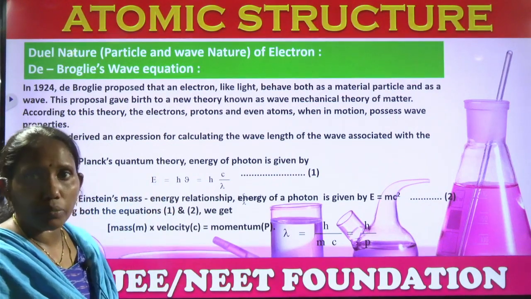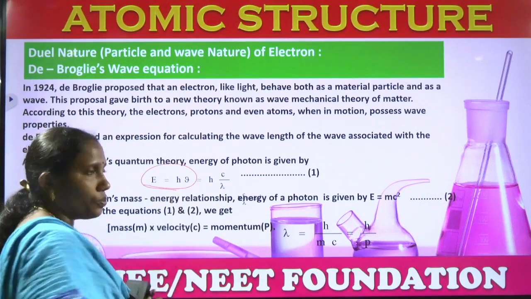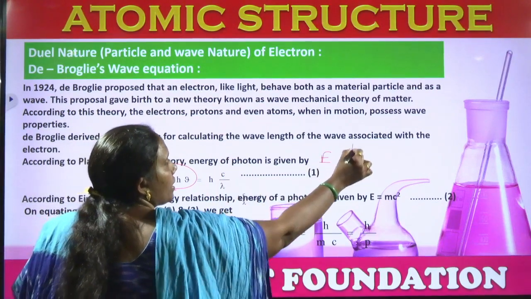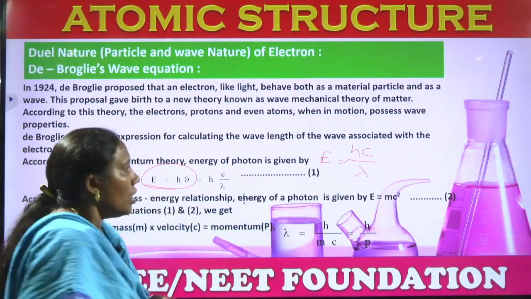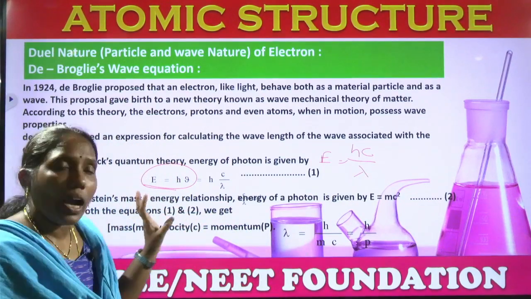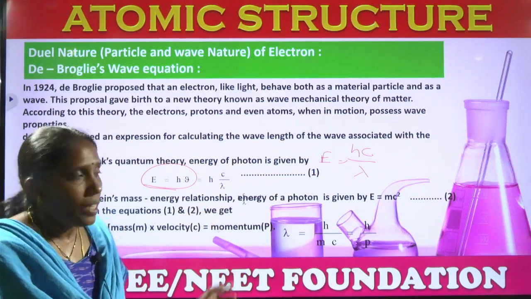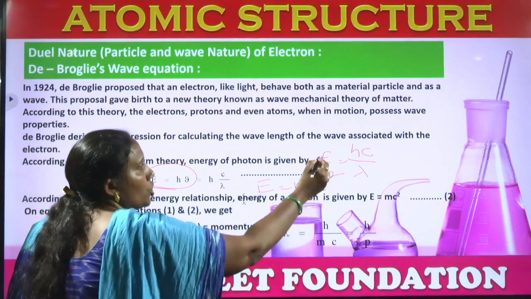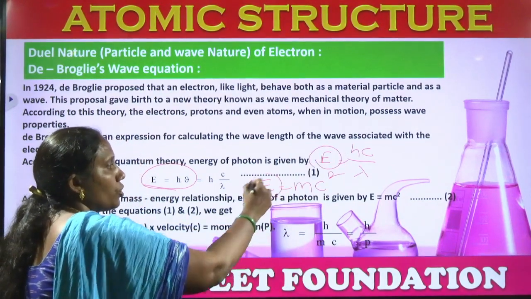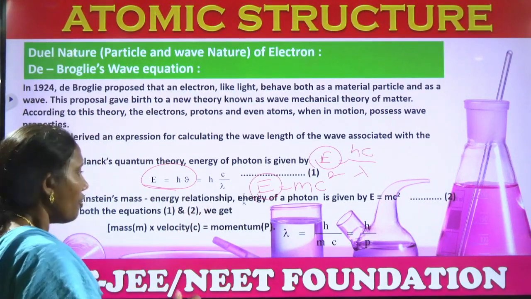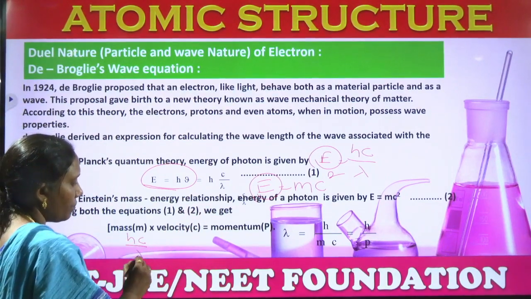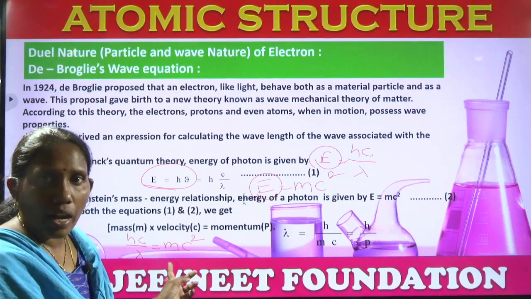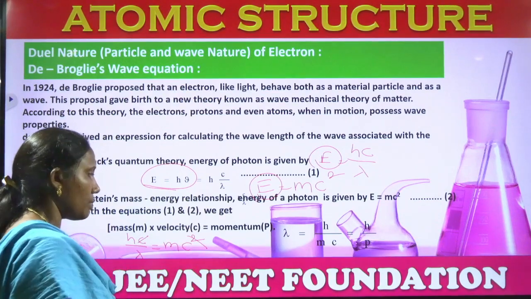According to Planck's quantum theory, we know that E equal to h nu. We can write this as E equal to hc by lambda. Whereas according to Einstein's mass-energy relationship, E equal to mc square. That is equation 1, this is equation 2. If you equate both equations, we get hc by lambda equal to mc square. Both c are the velocity of light, so we can cancel one.